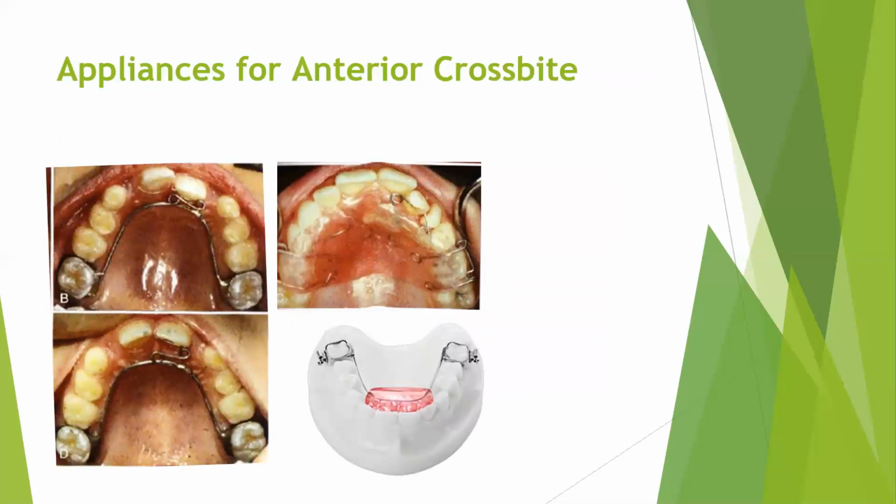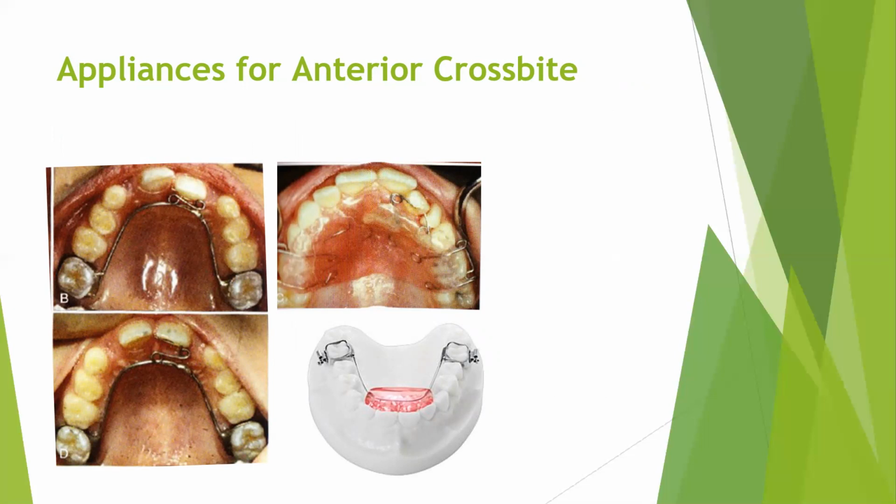So here are some pictures of appliances for anterior crossbite. You have a fixed appliance in B with a spring behind the one anterior tooth. Then you have a removable appliance with a spring in the next photo.